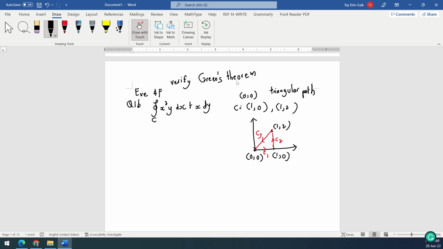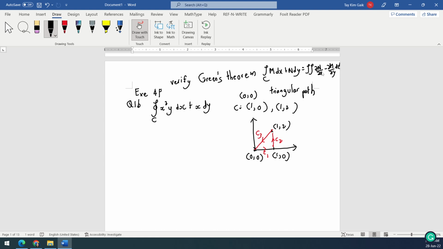First of all, Green's theorem says the line integral of M dx plus N dy along the curve C is equal to the double integral of (del N del x minus del M del y) dA. Is it correct? Is it okay?